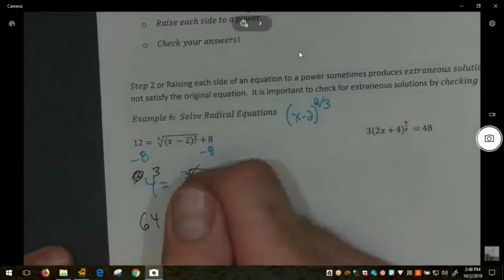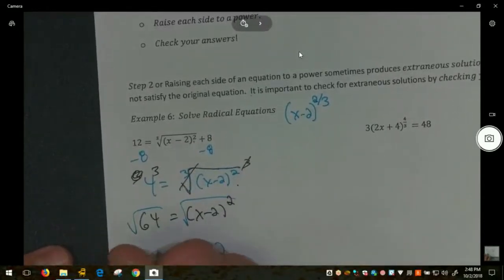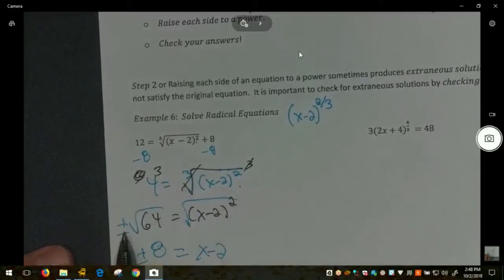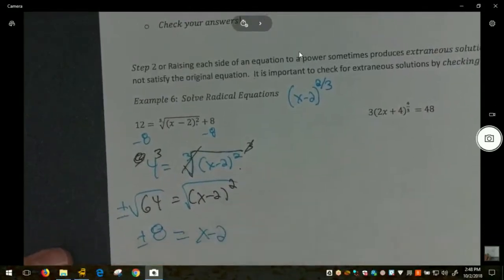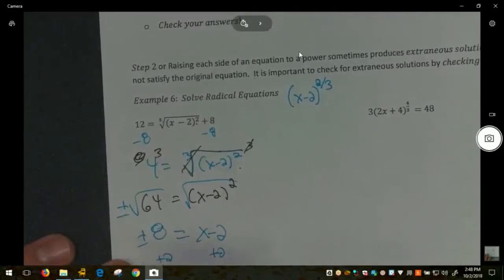Now I can unsquare it by taking the square root, and I'll have x minus 2 equals plus or minus 8, because when I take the square root, it's plus or minus. Add 2 to both sides, x equals 8 plus 2, or negative 8 plus 2, giving me 10, or negative 6.